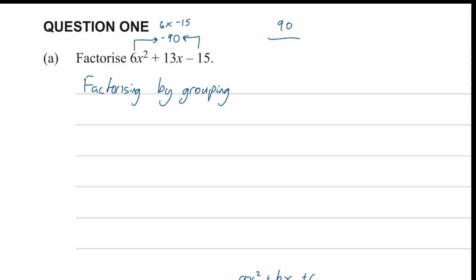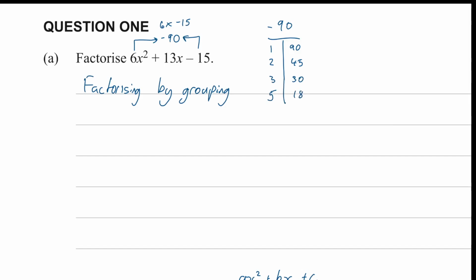So I like to just write negative 90, do this little t and think of factors of negative 90. Since it's negative, we know one of the numbers has to be negative, right? Negative times a positive is a negative. But just thinking of 90, it could be 1 and 90, or 2 and 45, or 3 and 30, or 5 and 18.